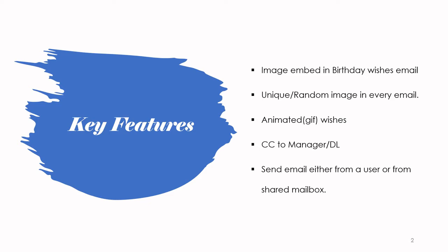The automated email will have an image embedded, and that image will be a random and unique image for every new email, and you can add GIF images and animated wishes as well.